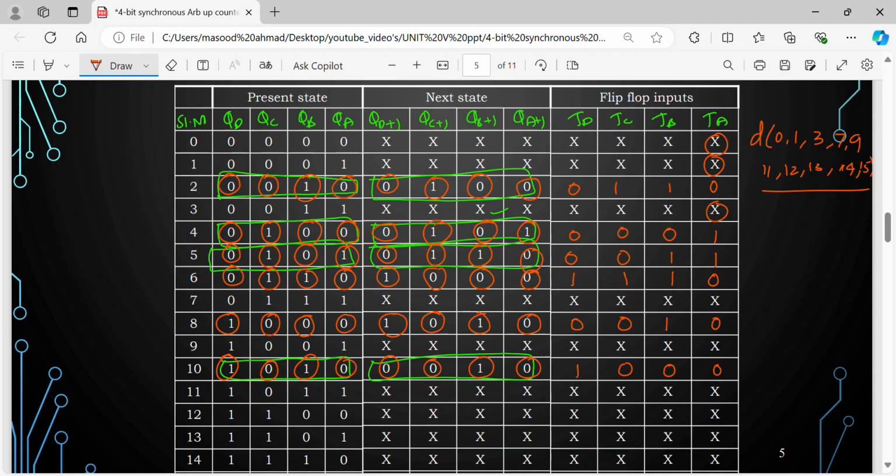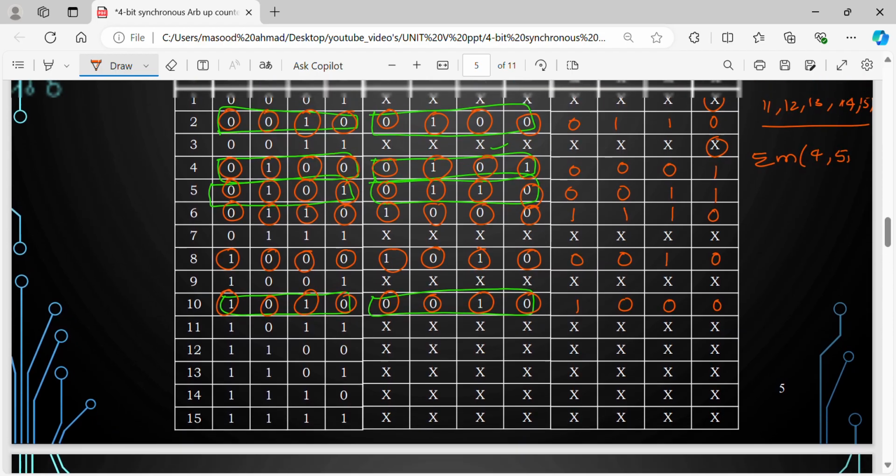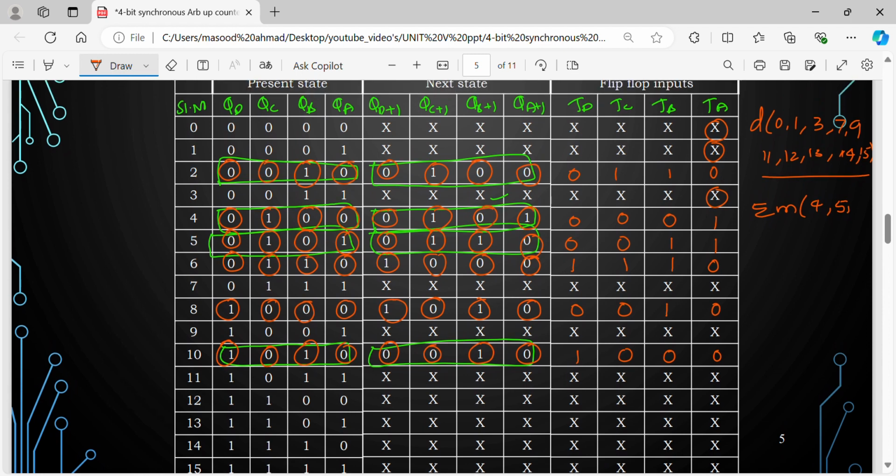That's fine. Now what about TA? TA is 1 for what? Exactly 4. So sigma m, it is 1 for 4, 1 for 5. Is there anything more than that? For 4 and 5 it is 1. Next, TB. TB is nothing but sigma m.